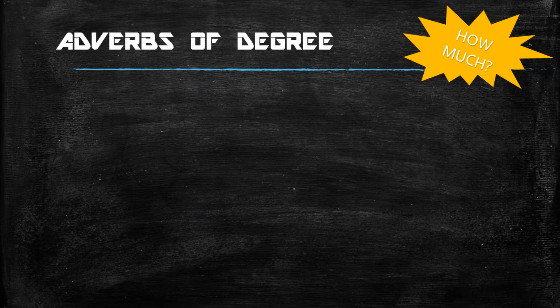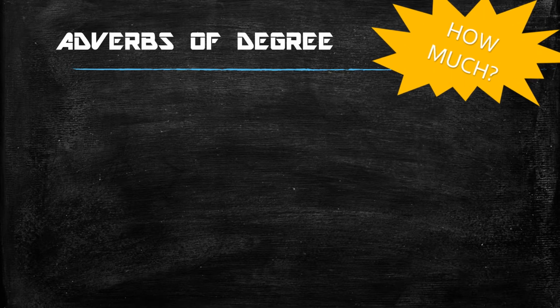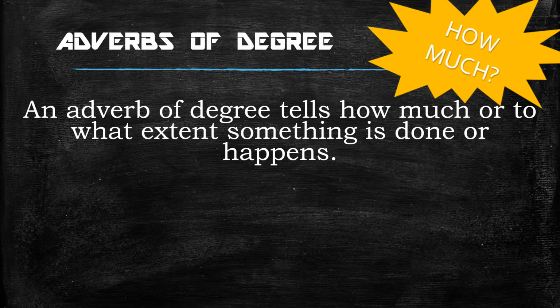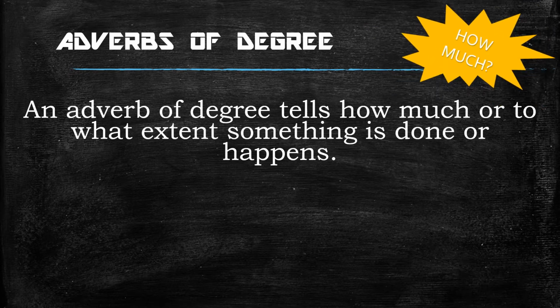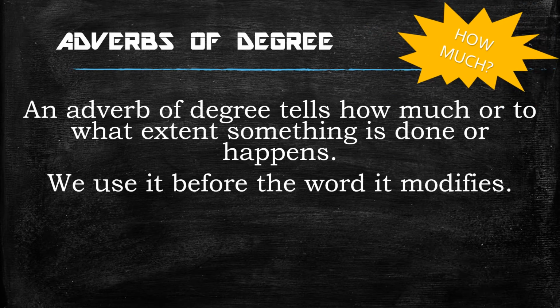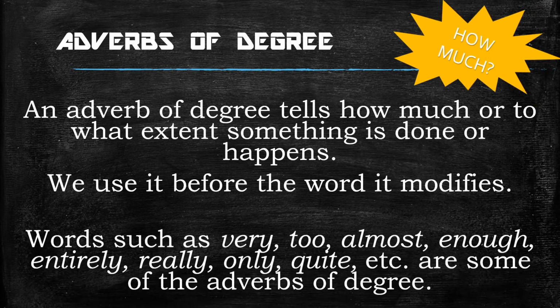The next we see is adverbs of degree. They answer the question how much. An adverb of degree tells how much or to what extent something is done or happens. We use it before the word it modifies.